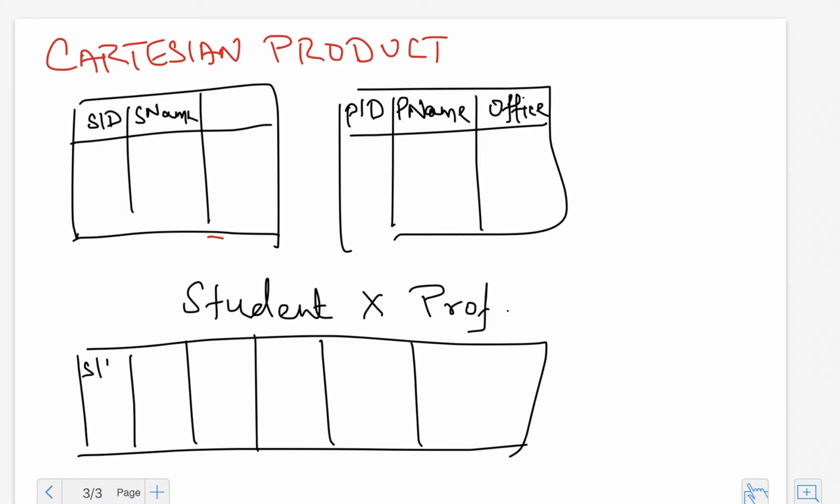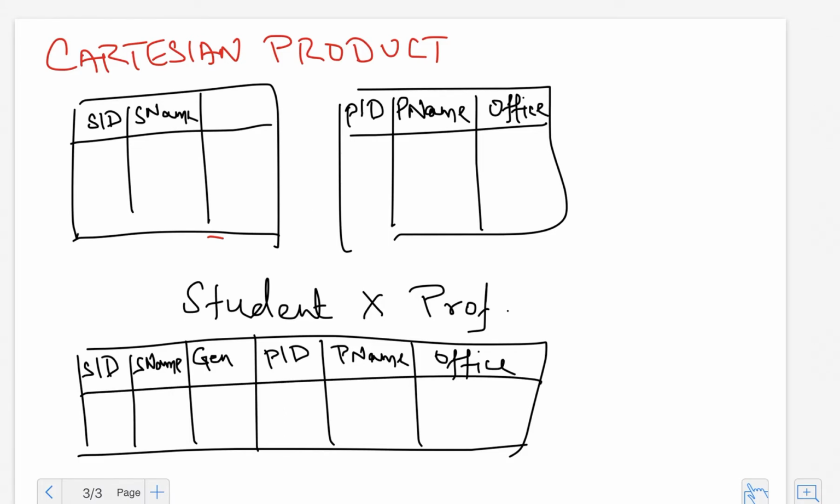So this has SID, this has S name, this has the gender, and now I have the PID, the P name, and the office. So this is the table that I get.